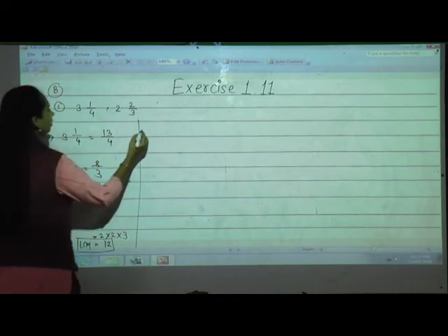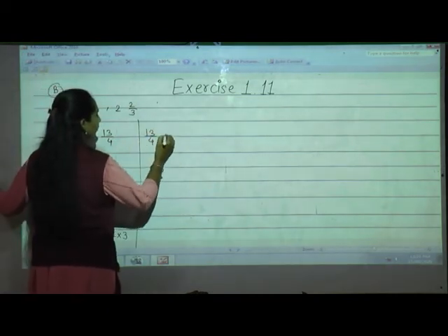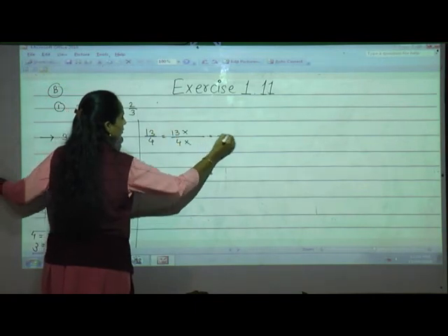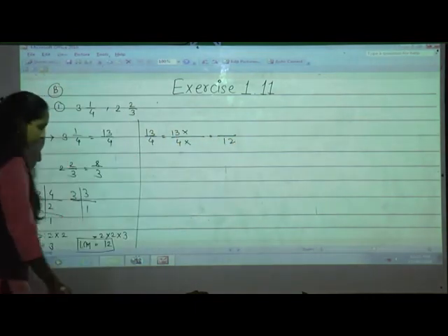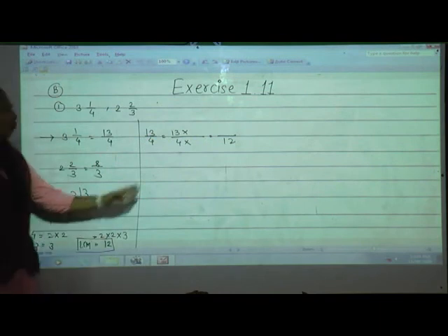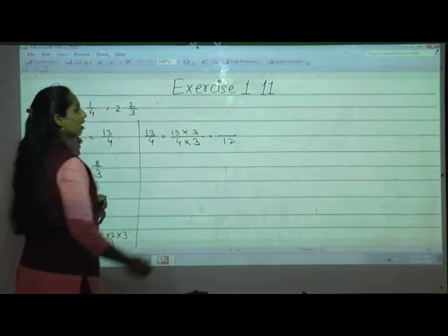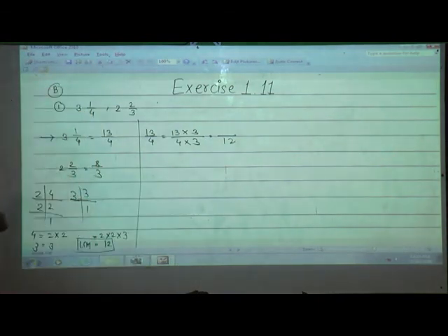Now take the number 13 upon 4. 13 multiplied by something, the denominator should come 12, because LCM is 12. 4 what's are 12? 4 3s are 12. So 3 here also we have to do. Now tell me, 13 3s are? Yes, 39.